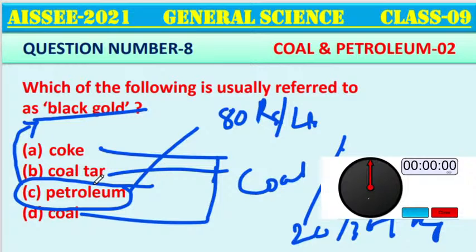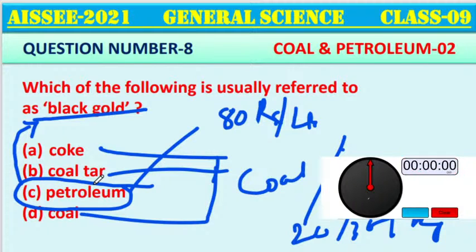So those countries which have crude oil, like the highest producer of crude oil, Saudi Arabia, are very rich countries. Those countries which have petroleum are very rich. That's why it is called black gold.